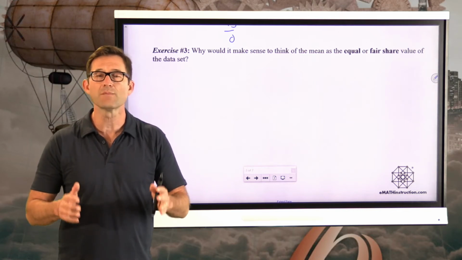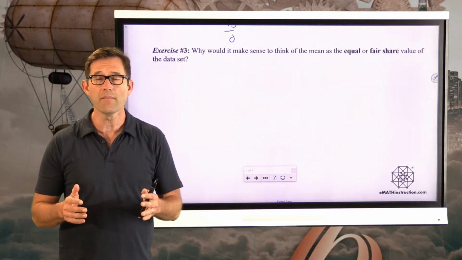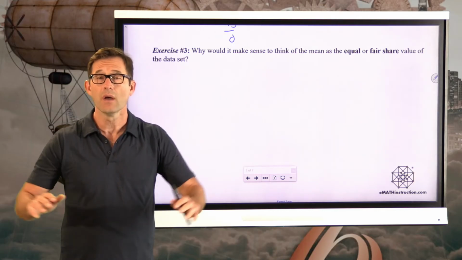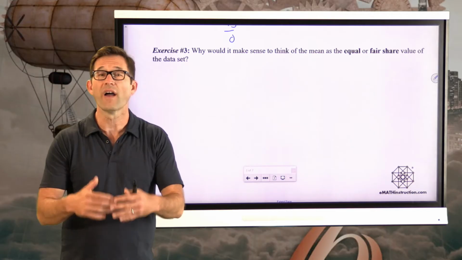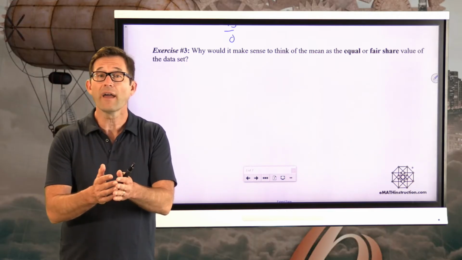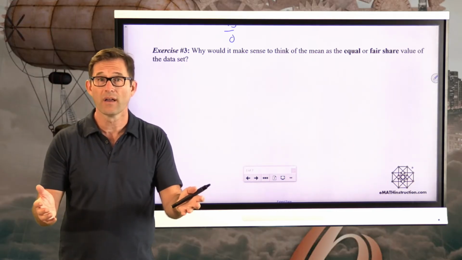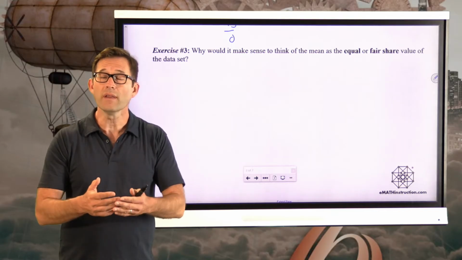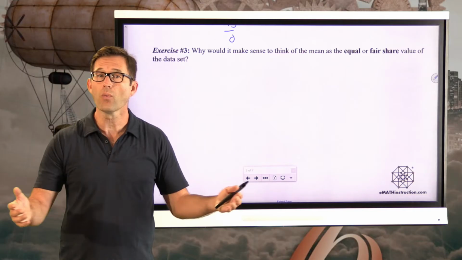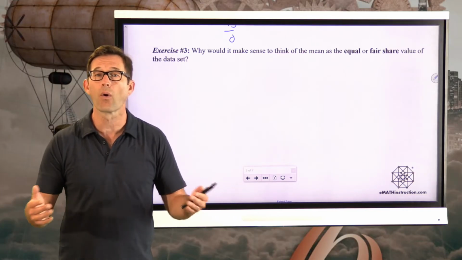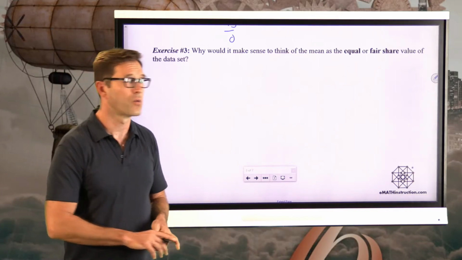Well, it makes sense because literally, to find the mean in any situation, we add up all of the numerical data, right? We find the total, and then we divide by how many subjects there are, right? And so it's really the amount that each subject would have if the total was distributed evenly, equally, or fairly, right?